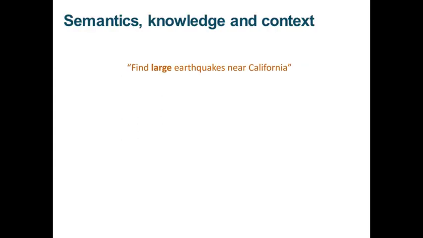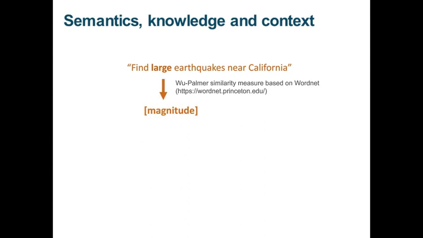So here, for example, large is one of the tokens in the input query, but the problem is that large is not encoded as part of the map. So how do we interpret large and come up with a mapping to an attribute in the viz? Here we find that there is a strong semantic association between large from the query and magnitude encoded in the map using the semantic similarity measure, based on word senses in WordNet.